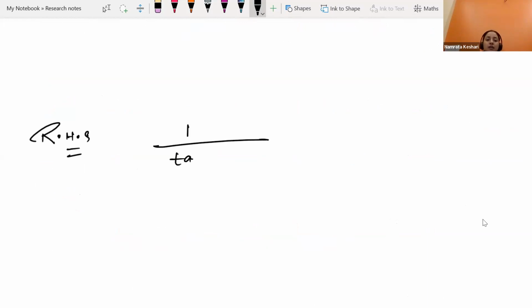We can convert this tan in terms of sine and cos, and this cot in terms of sine and cos.